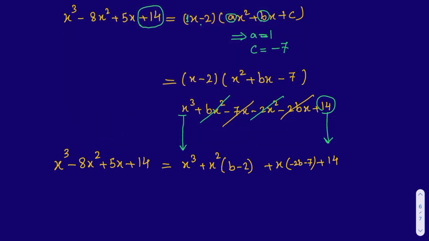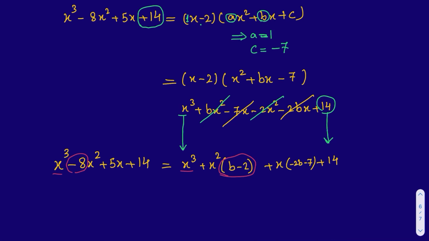As we can see, the coefficient of the first term is the same. So therefore, the coefficient of x to the power of 2, as we see here, is b minus 2, whereas in the original cubic expression is minus 8.